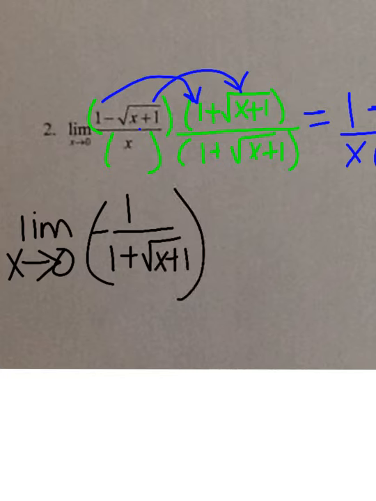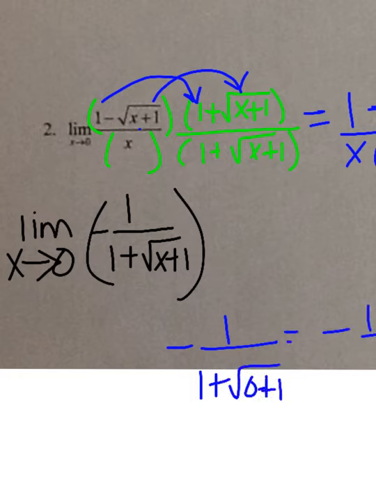Now we'll do direct substitution, so you could do that on the side right below it if you want. So we have negative 1 over 1 plus the square root of 0 plus 1. So it's negative 1 over 1 plus, 0 plus 1 is 1, so it's the square root of 1. The square root of 1 is 1, so we have 1 plus 1, so that's negative 1/2. So the limit is equal to negative 1/2.